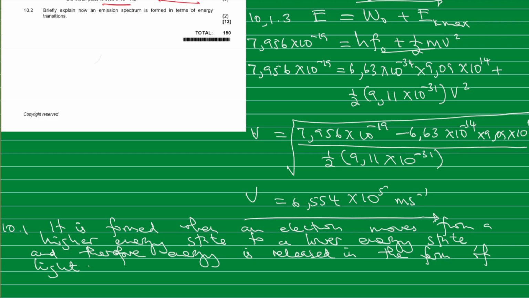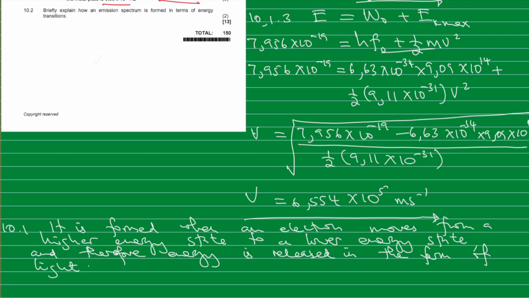So when an electron is moving from a high energy state or a high energy level to a lower energy level, there is energy that is released in the form of light, and the frequency of that particular light would determine the energy level that the electron will have moved through.